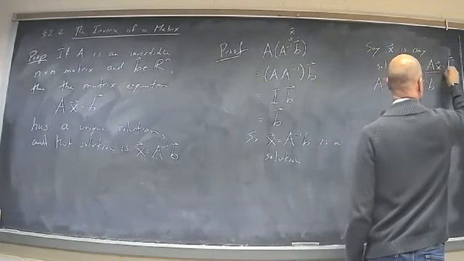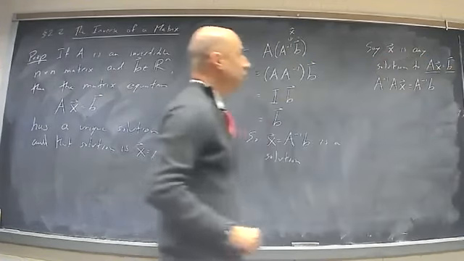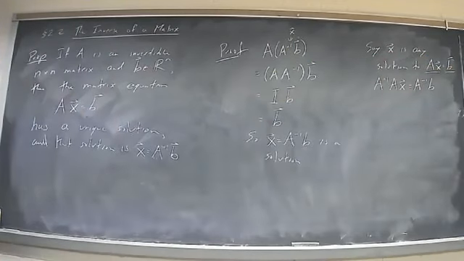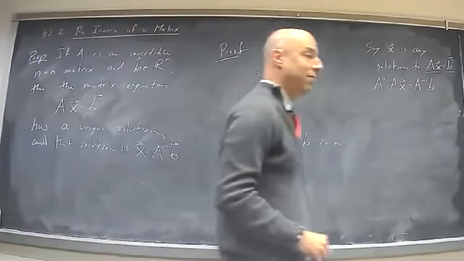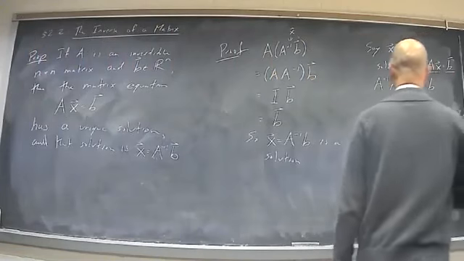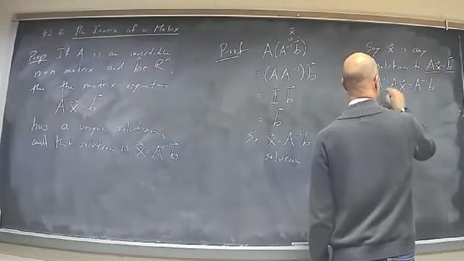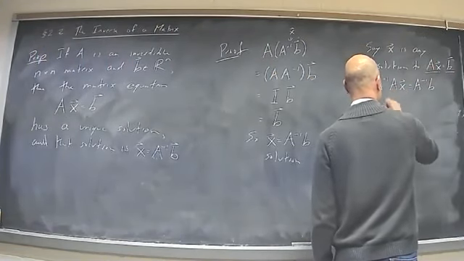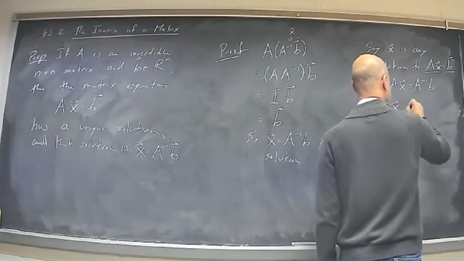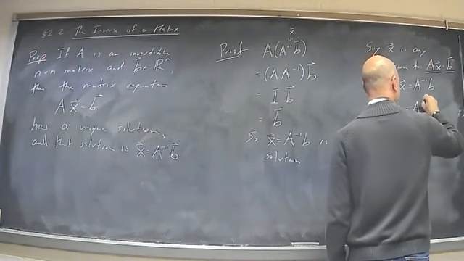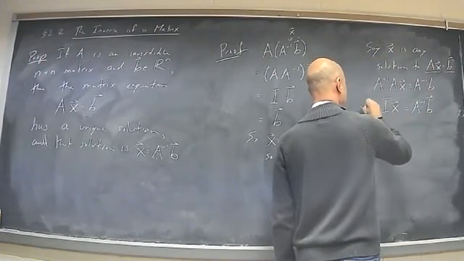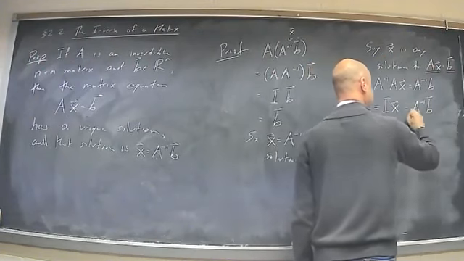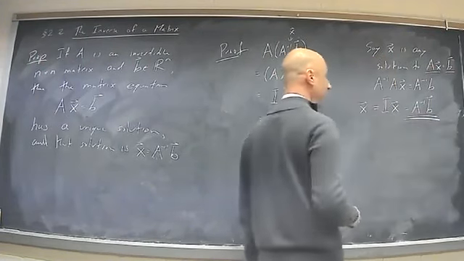I've taken this equation, which has two sides like any equation does, and I've multiplied both of them on the left by A inverse. You can always multiply both sides of an equation by the same thing. So A inverse times A is the identity, times x equals A inverse b. But the identity times x is just plain old x. So x is this, and that's the only solution.